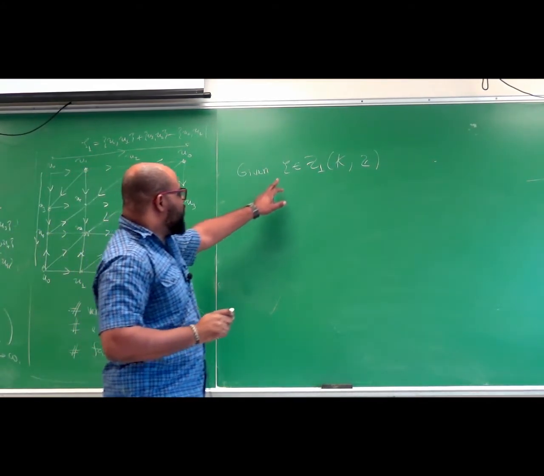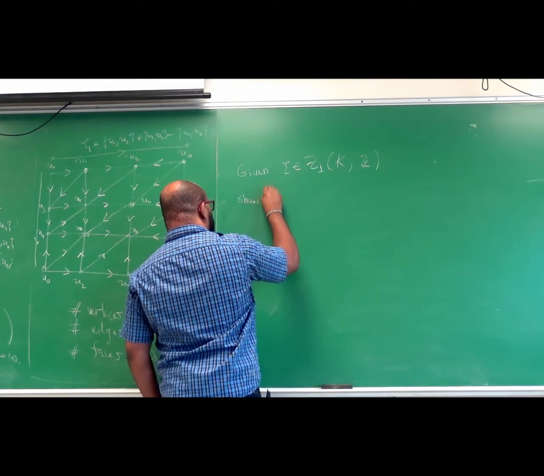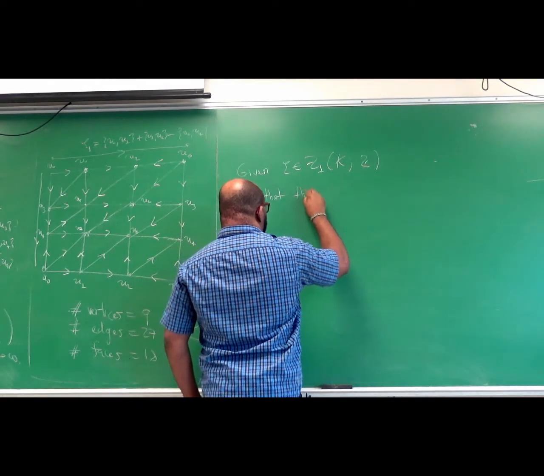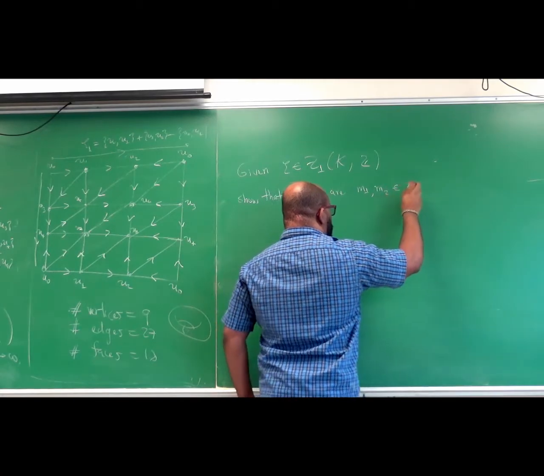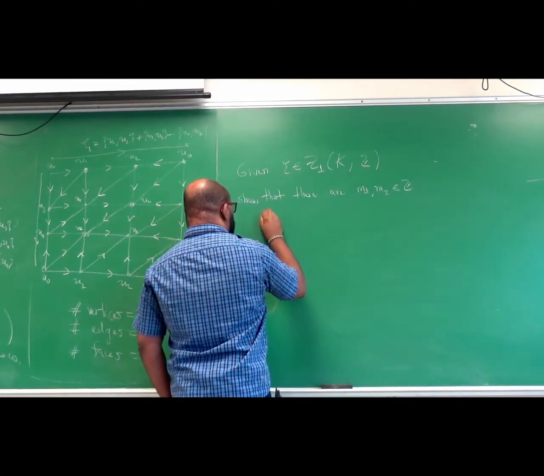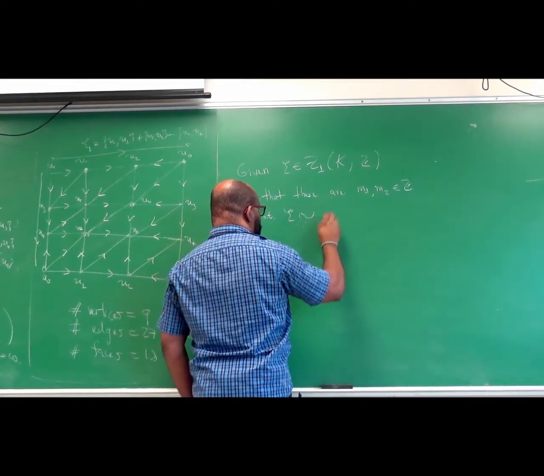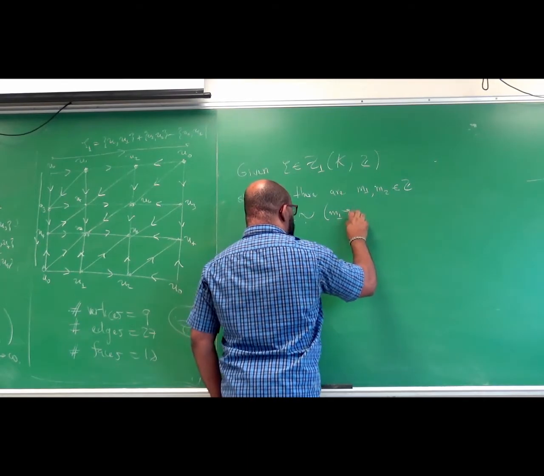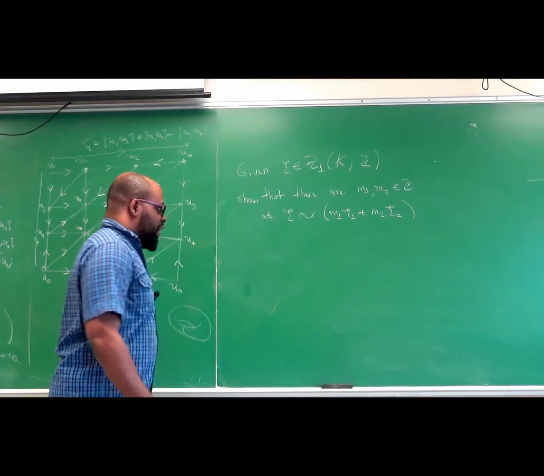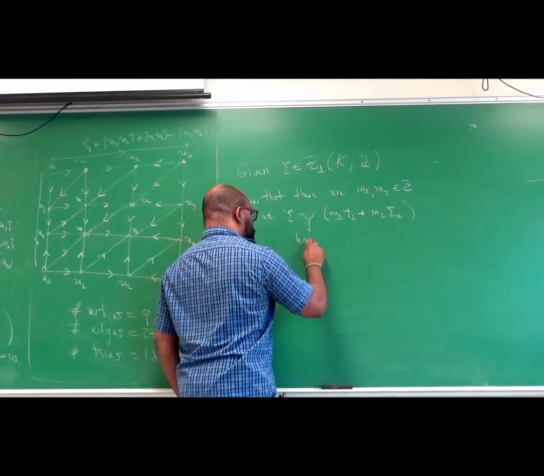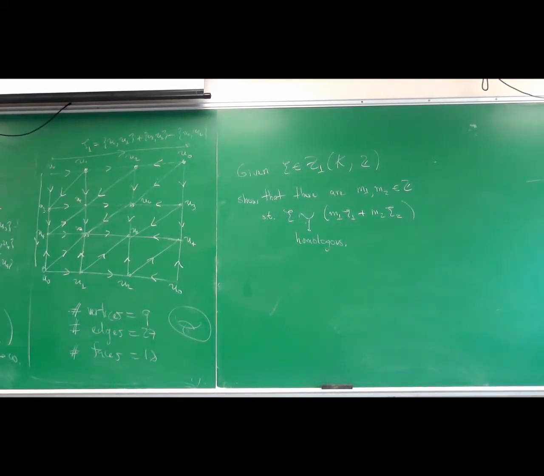Okay, cool. So now given this, show that there are integers m1 and m2 in Z such that zeta is homologous to m1 times zeta 1 plus m2 times zeta 2. Again, this means homologous. Do we remember what that means?